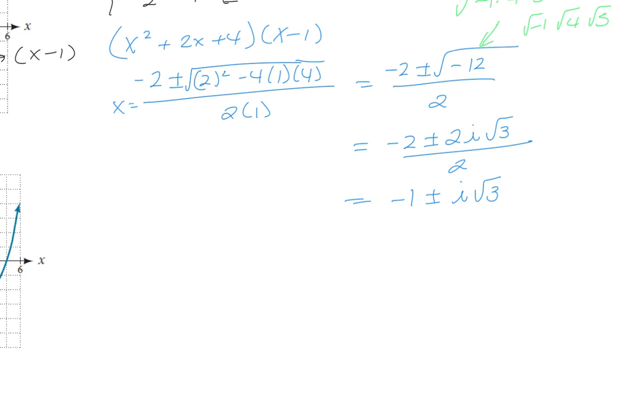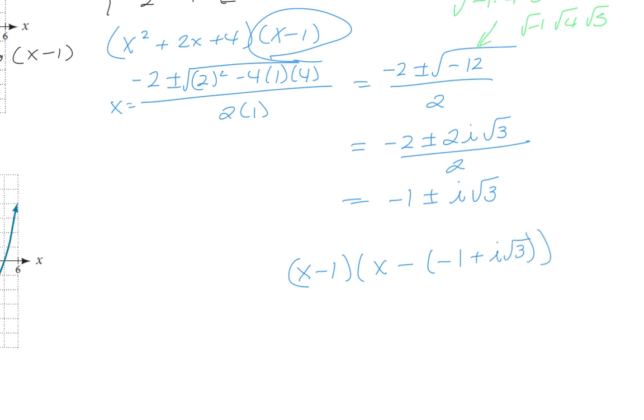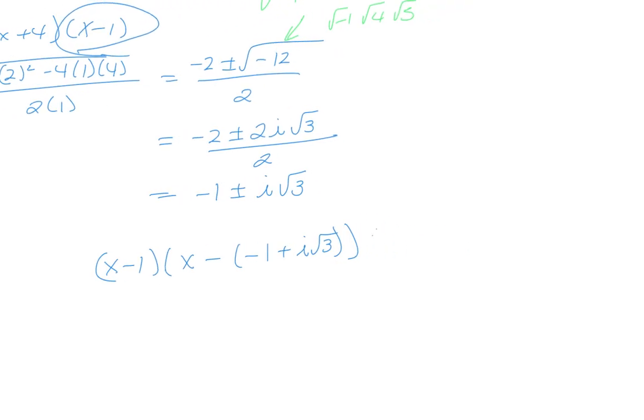So now I'm finally ready to write my factors. My first factor is x minus 1. My second factor is x minus (-1 plus i times the square root of 3). And my last and final factor is x minus (-1 minus i times the square root of 3).